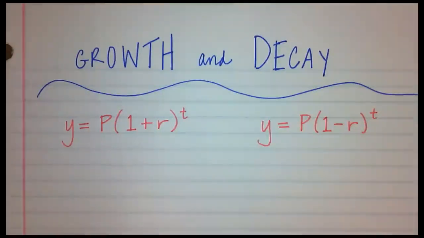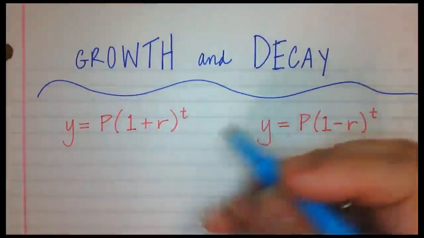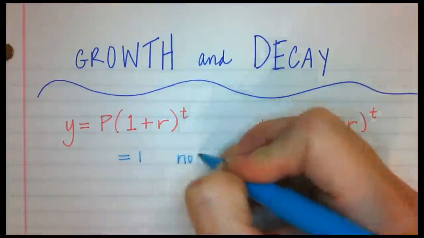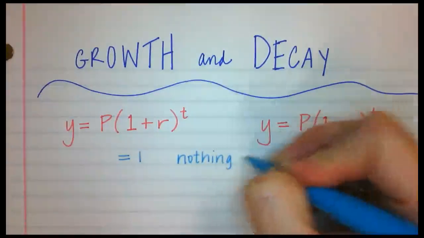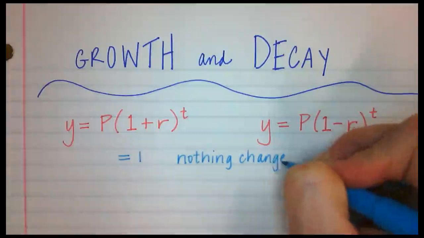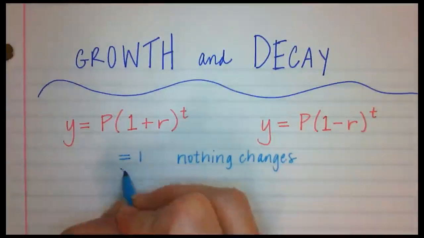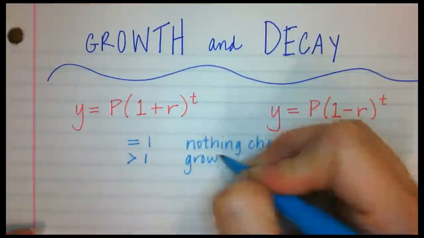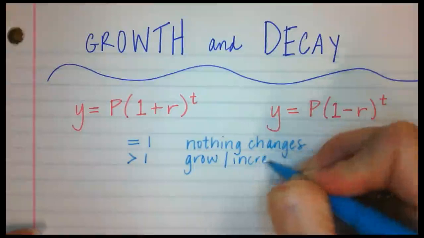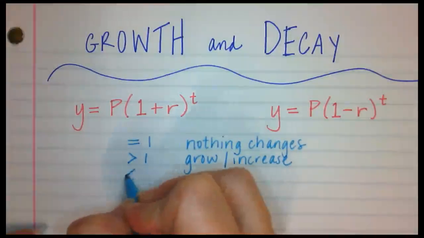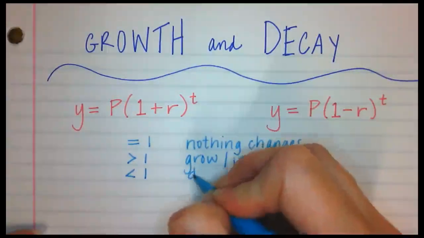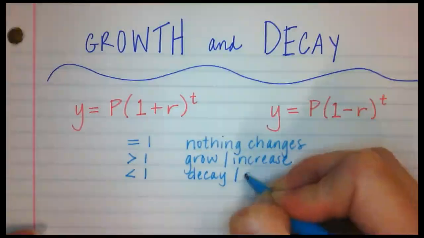So let's just refresh your memory, that when we have a equal to 1, nothing changes. All right, if we multiply by something bigger than 1, we're going to grow or increase. And if we multiply by something less than 1, it's going to, in this case, decay or decrease.